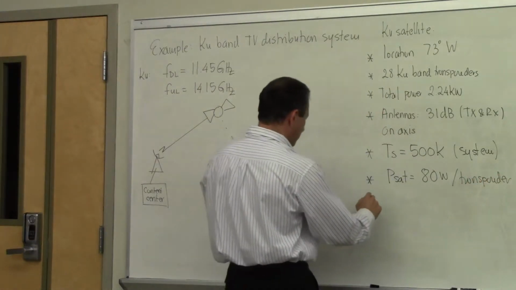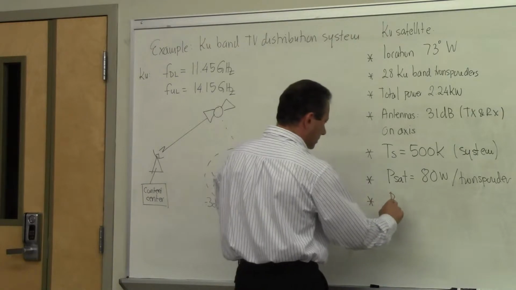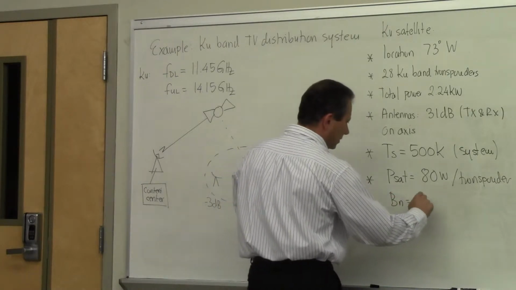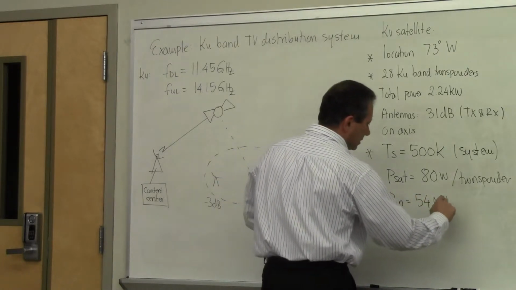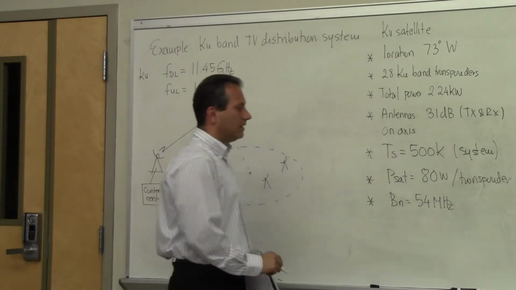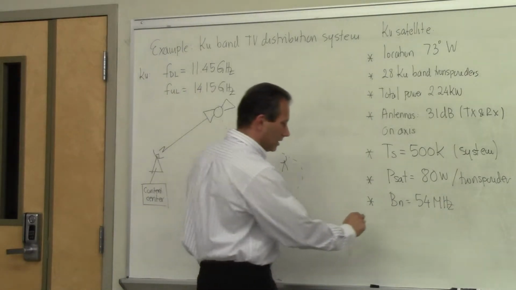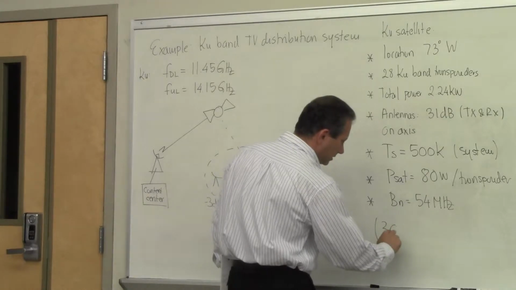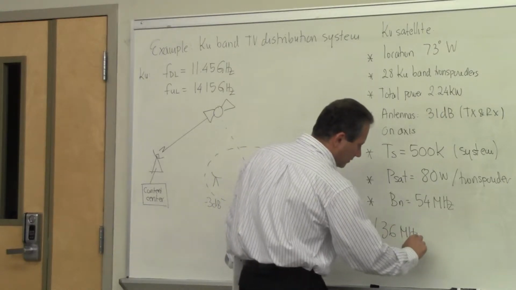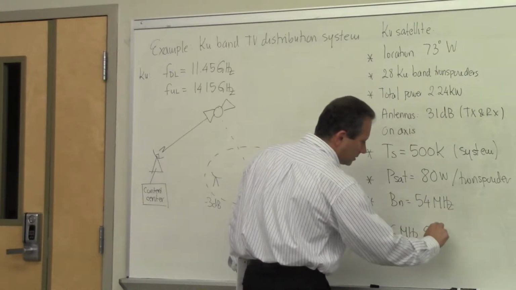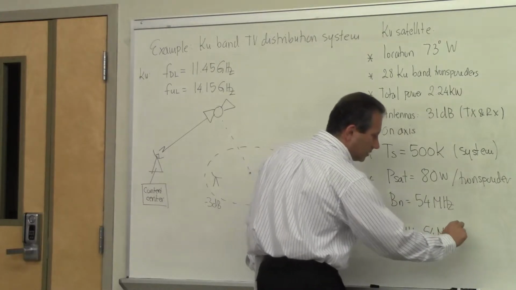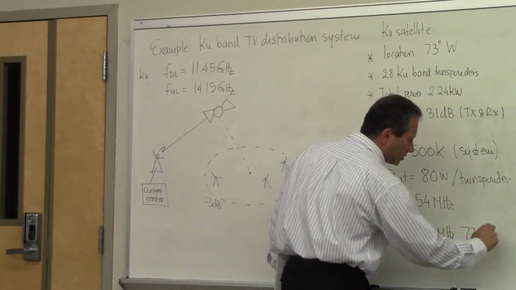And the transponder noise bandwidth is 54 megahertz. Typical bandwidths that you find in bent-pipe transponders are 36 megahertz, 54 megahertz, and 72 megahertz. These are the most common.